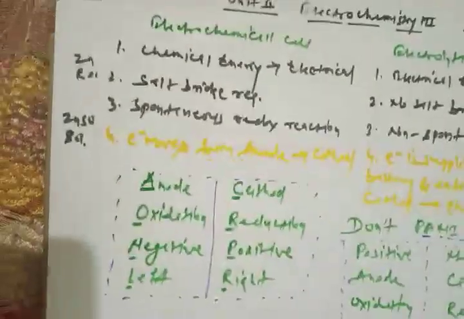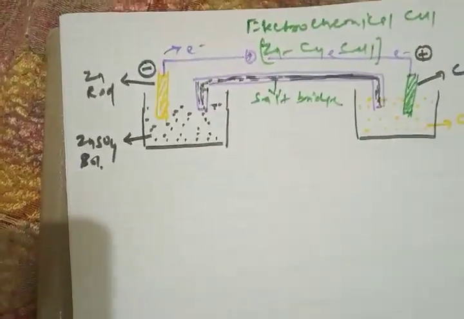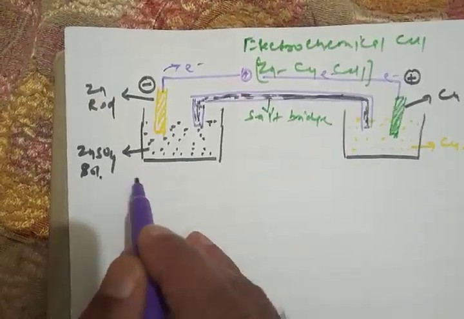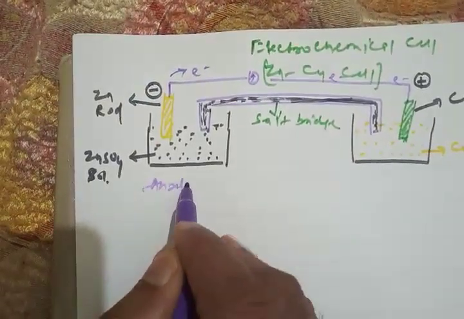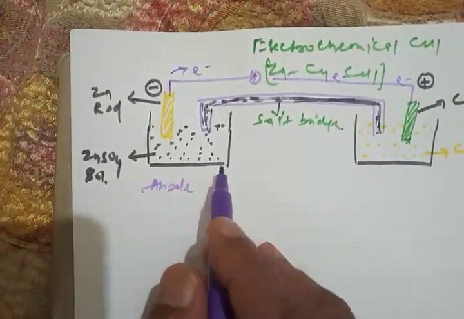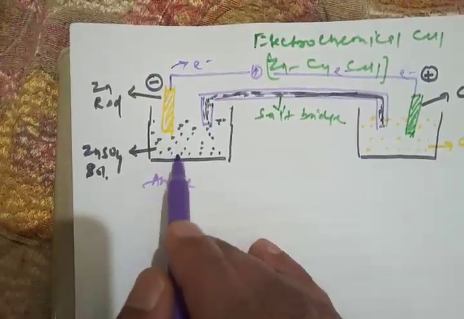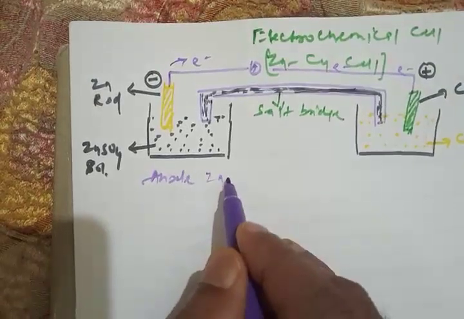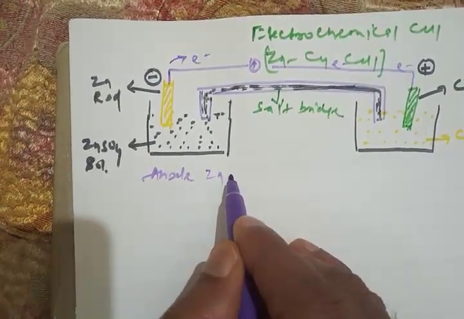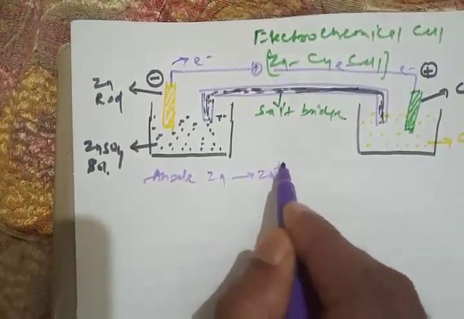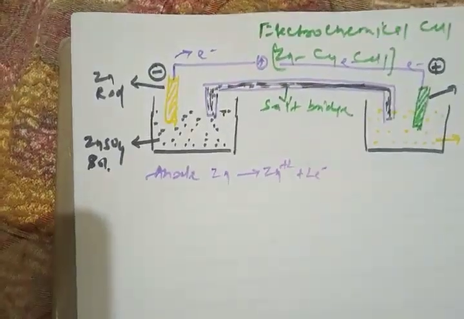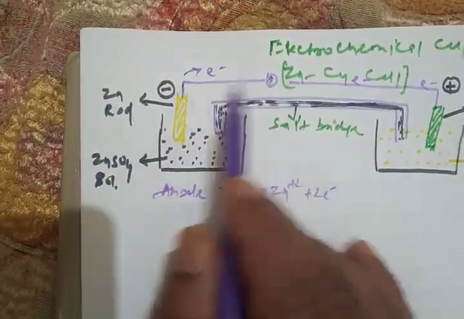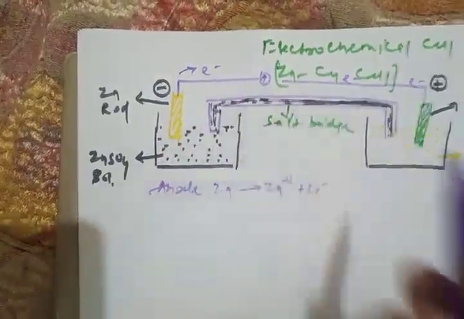So let's start the half cell reactions. At the anode, zinc is oxidized to zinc plus 2, and it releases 2 electrons. This is how the electron movement occurs.